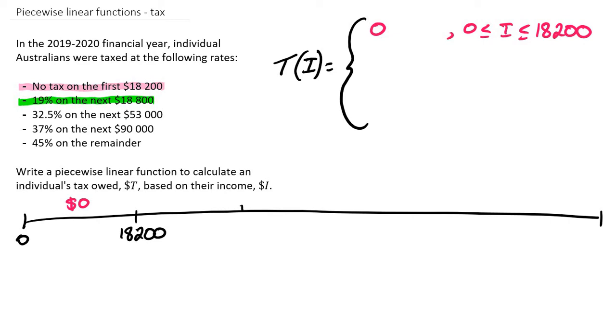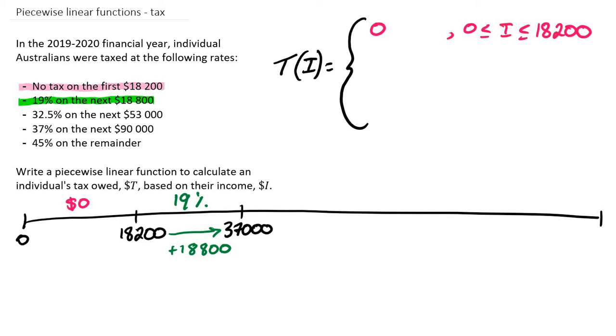Then on the next 18,800, which takes us up to 37,000, what we're going to pay on this is 19%. So that means that anything between 18,200 and 37,000 we pay tax on.